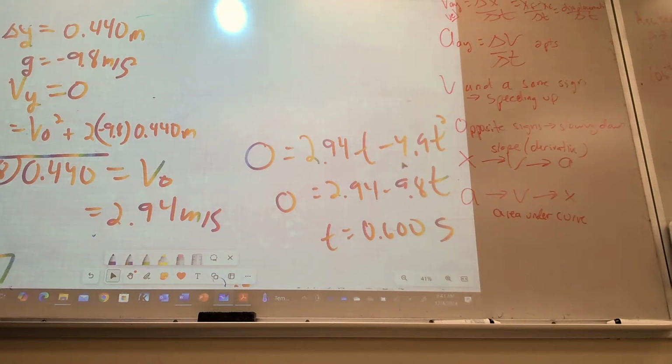Is 8.5 seconds a total time, or just the time I found? It says it returns to the same level 8.5 seconds later. So what do you think that means? The total? Right, the total time.